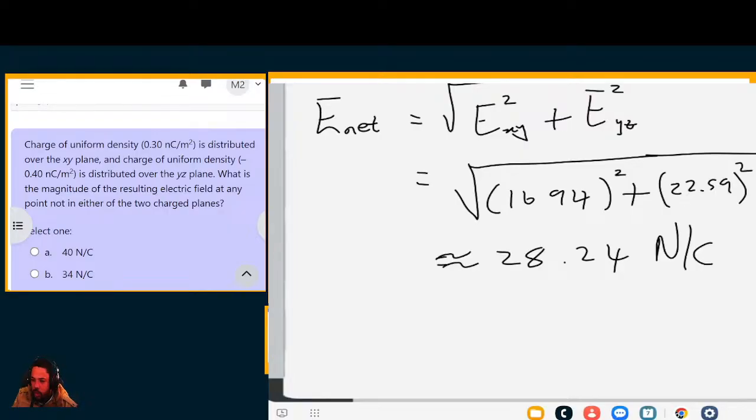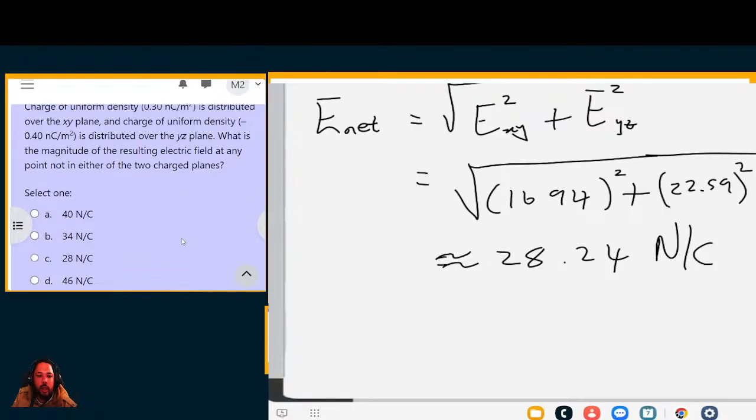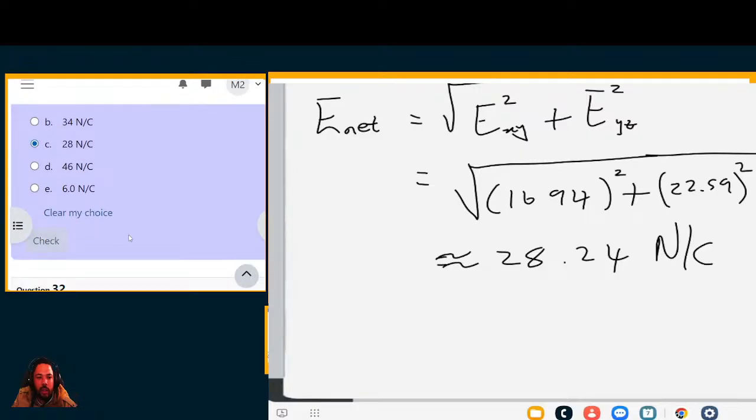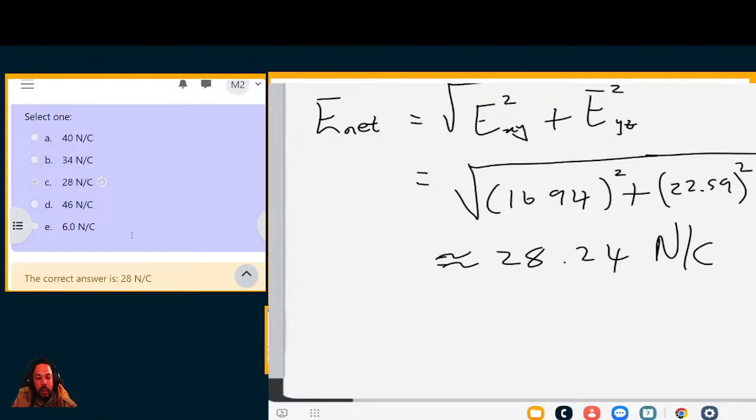And then we have the other one, a volume charge density as well. So here we have the electric field due to these two charged planes. It's 28, and let's check if 28 is the correct answer. Yes, it is 28.